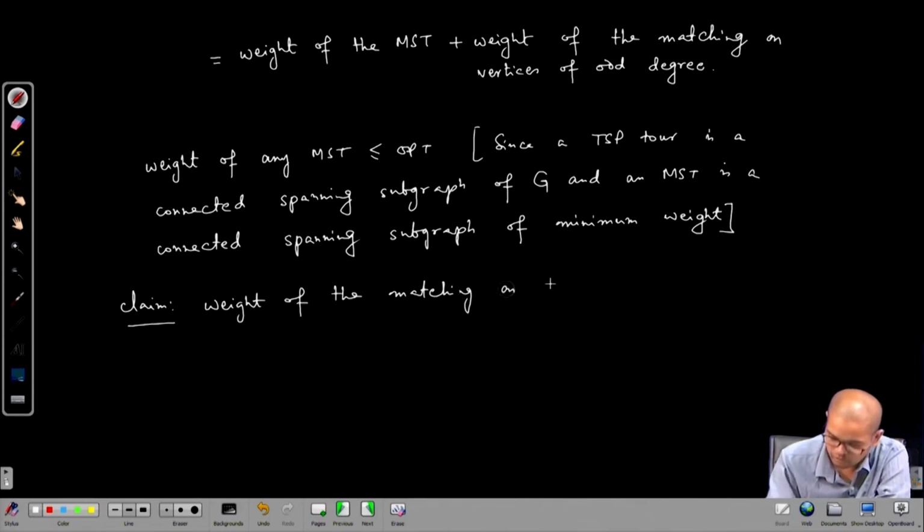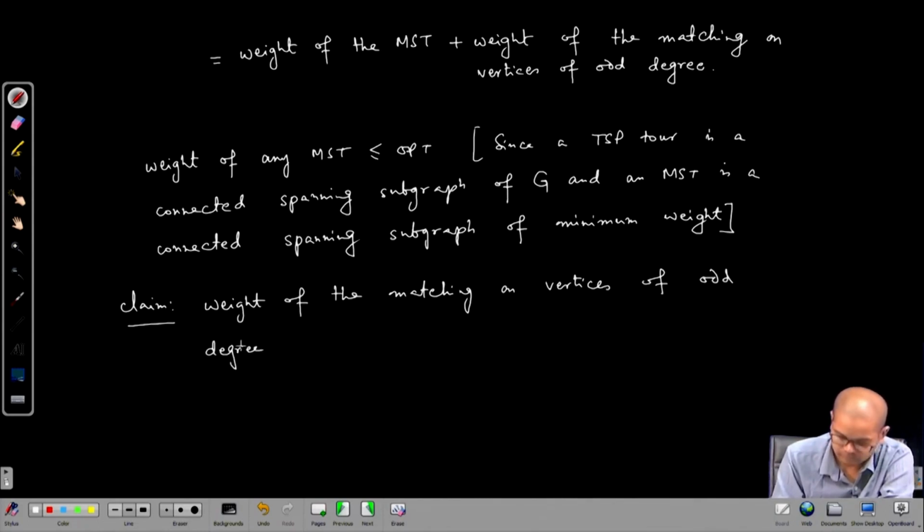Matching on vertices of odd degree is less than or equal to opt by 2.